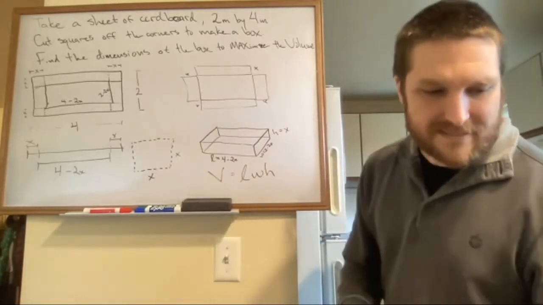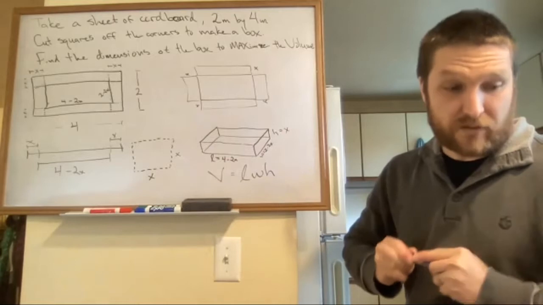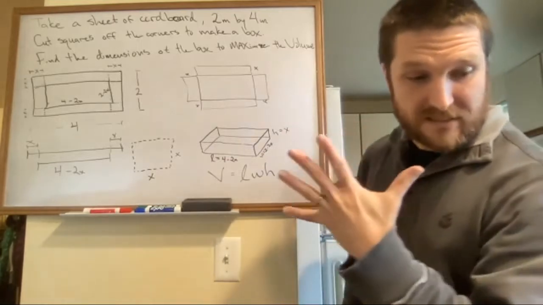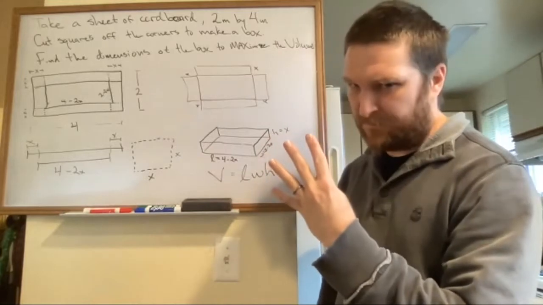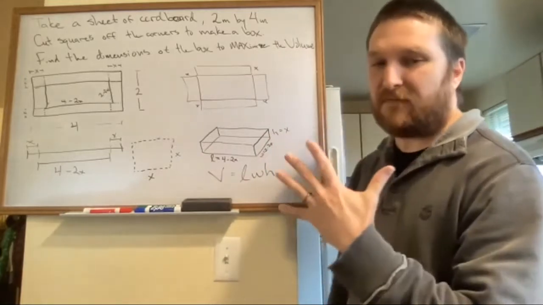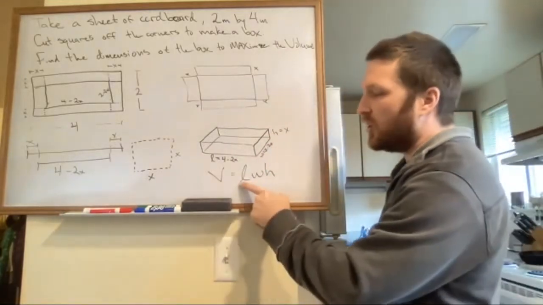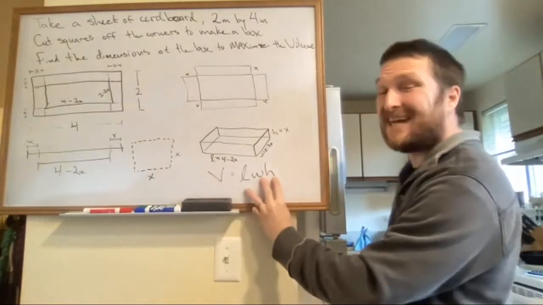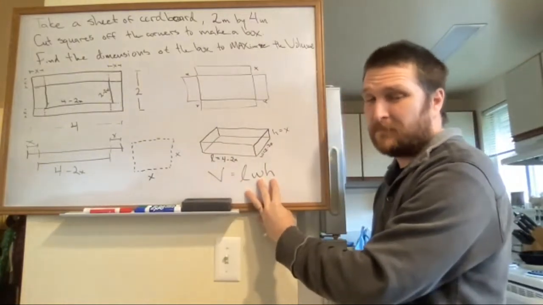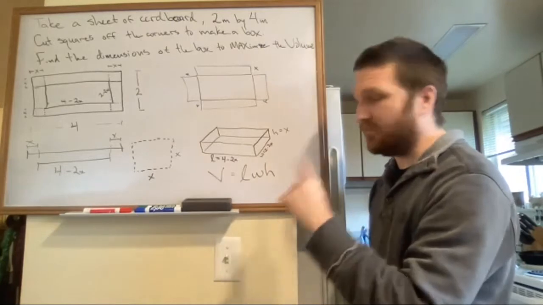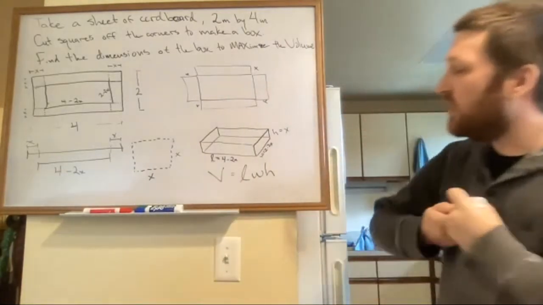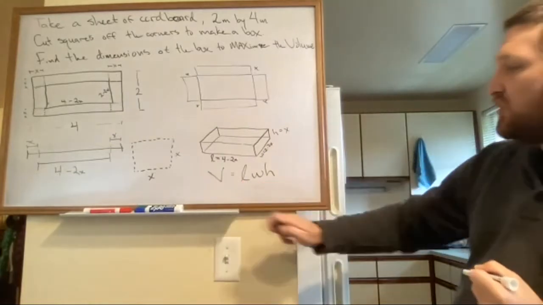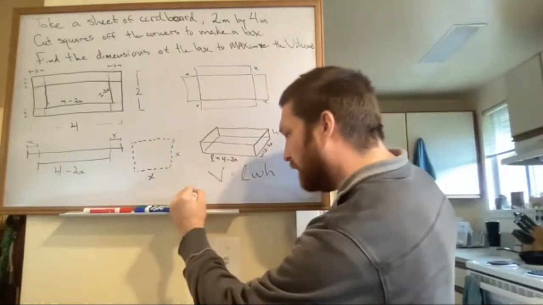But now we're in the position to go into step 5. The whole reason that step 4 existed was to get to step 5, which is to turn our function of, in this case, 3 variables down to a function of 1 variable. So step 5, write this in terms of 1 variable.